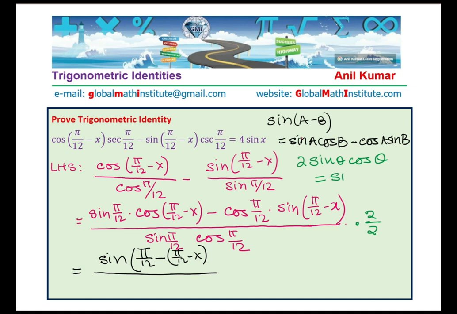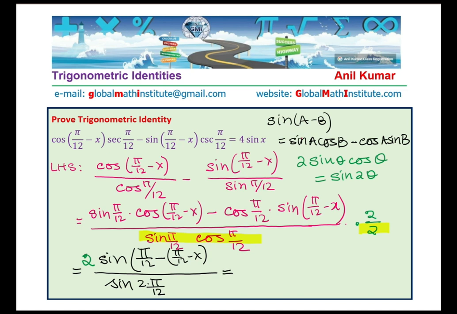Which is sine 2 theta. Clear? So there's a 2 in the numerator, which I have placed here, and the other 2 combined with sine pi by 12 cos pi by 12 gives me sine 2 times pi by 12, correct?